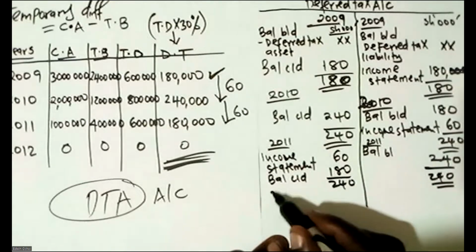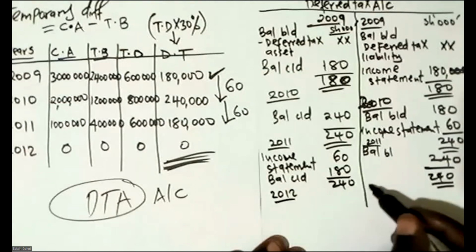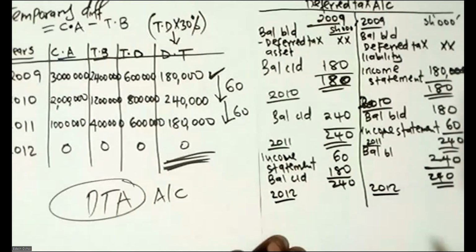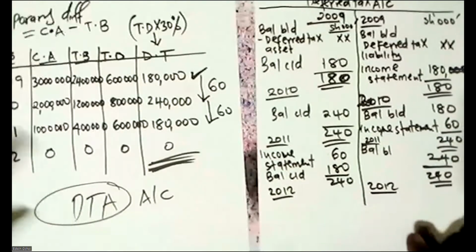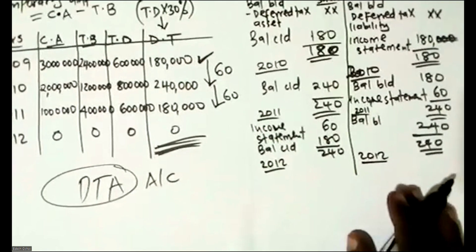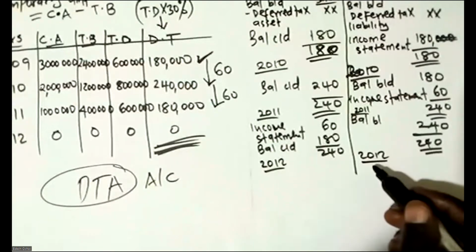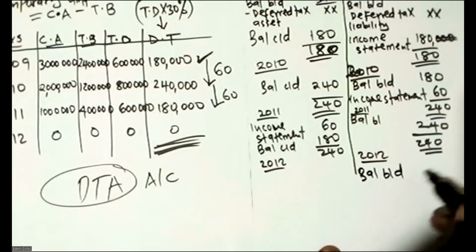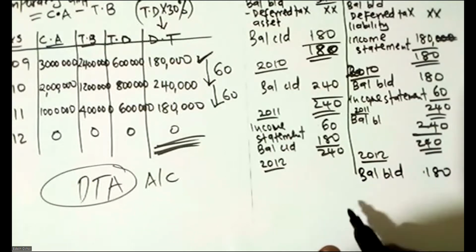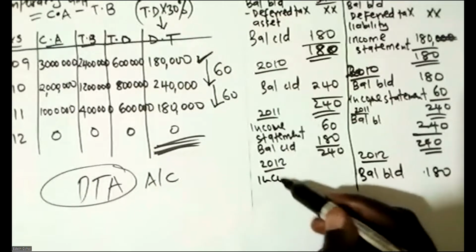So in the last year, 2012, we have a balance brought down of 180, and there's a reduction to 0.